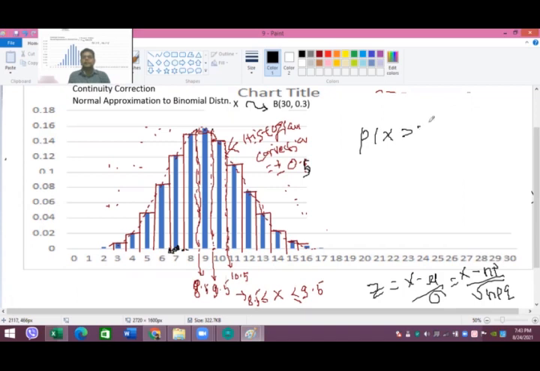If you are going to do a normal approximation, bigger than 7 means it doesn't include 7, and 7 itself is at a discrete point. The value bigger than 7 at the continuous point is 7.5.